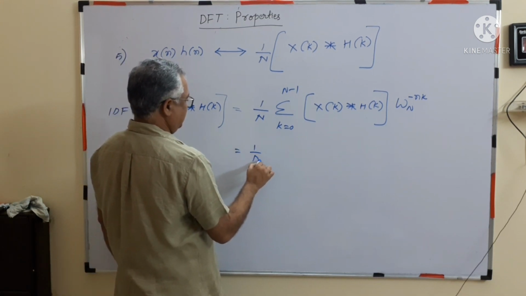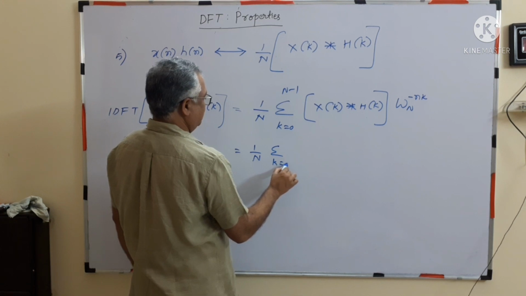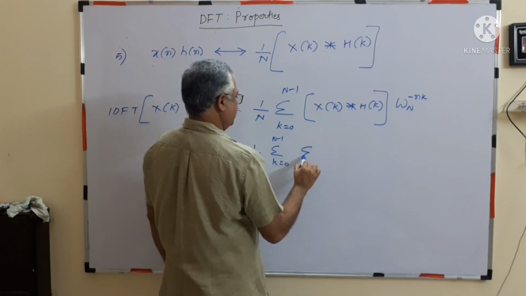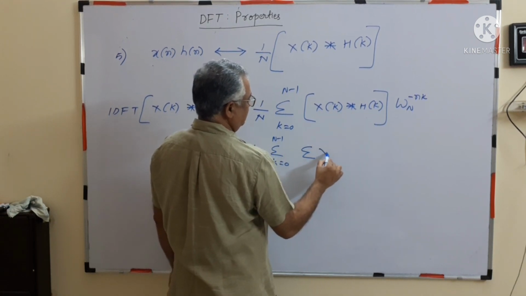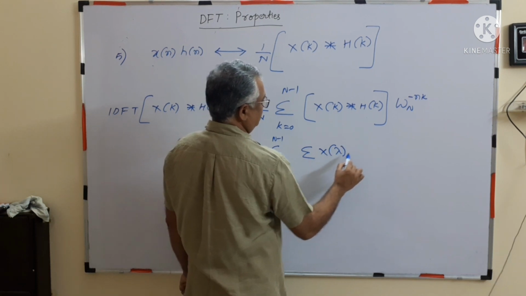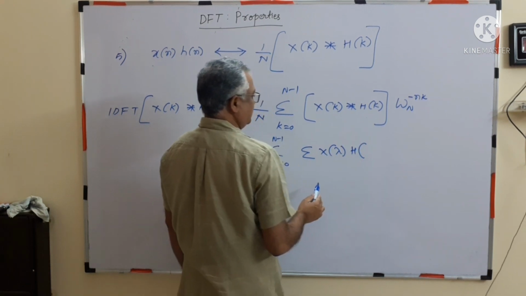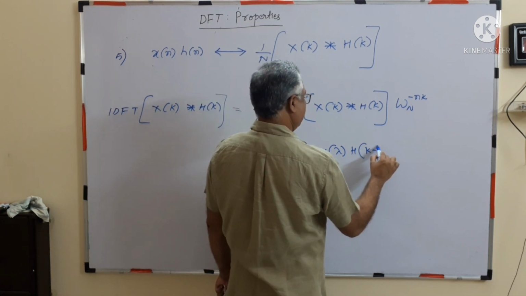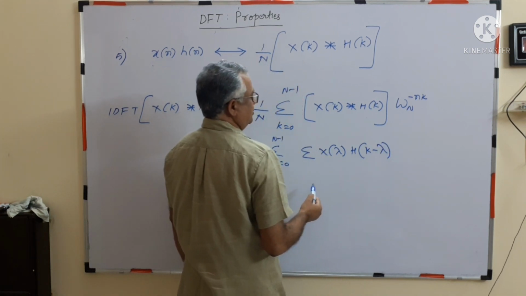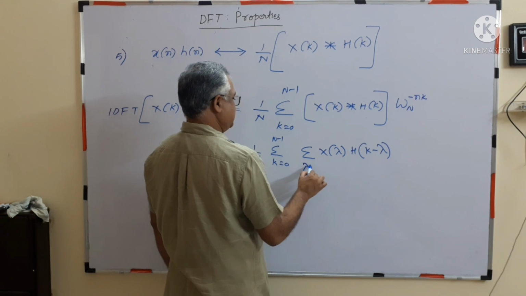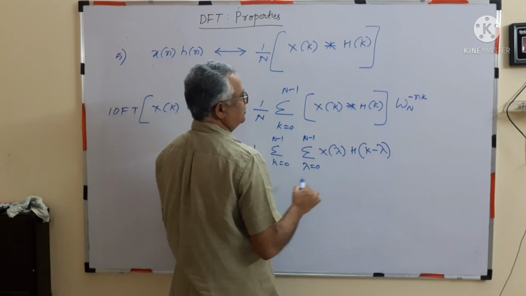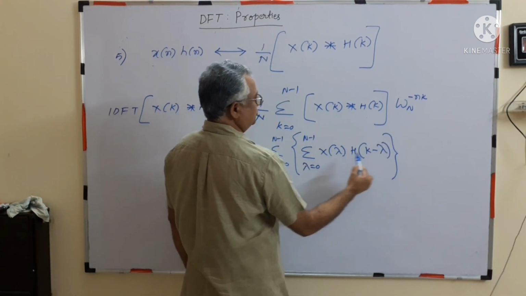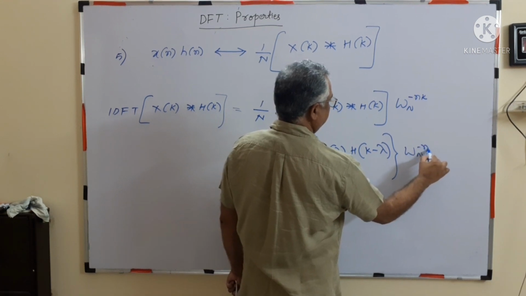This is nothing but 1 by N, k equal to 0 to N minus 1. This you expand, convolution. So when we are expanding, with some dummy variable, X of lambda, H of k minus lambda, and lambda is changing from 0 to N minus 1. Just this I substituted here, W_N^(-nk).